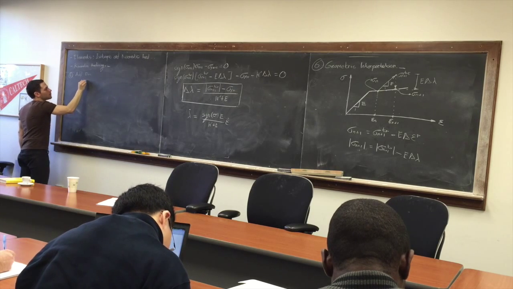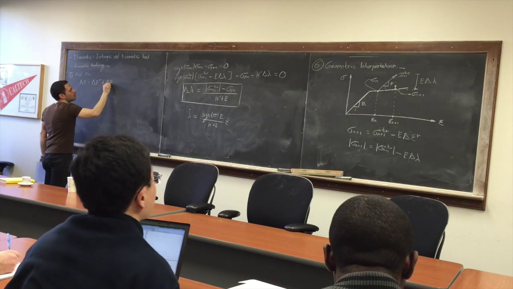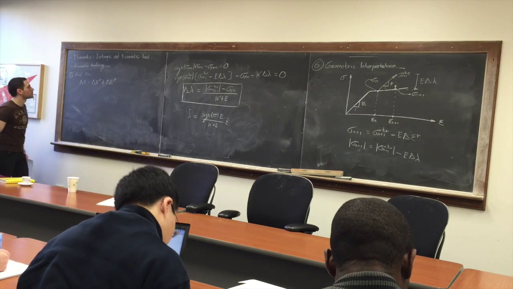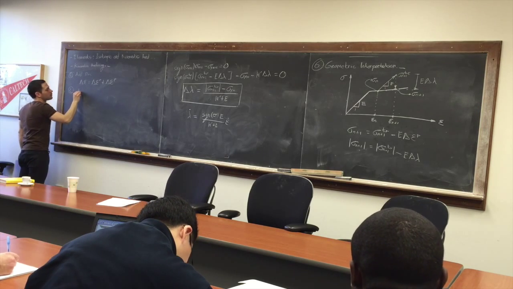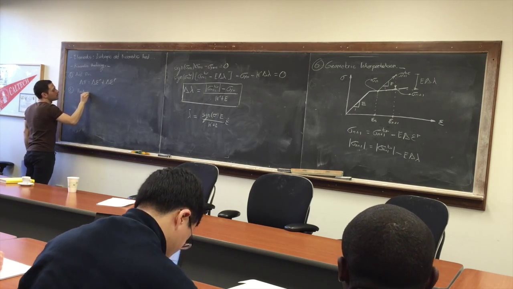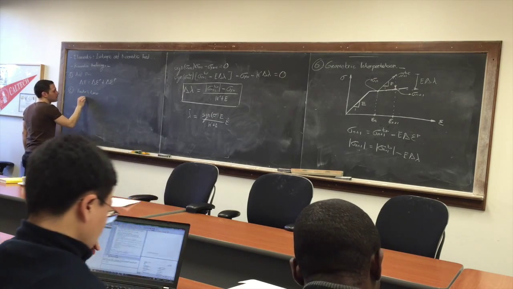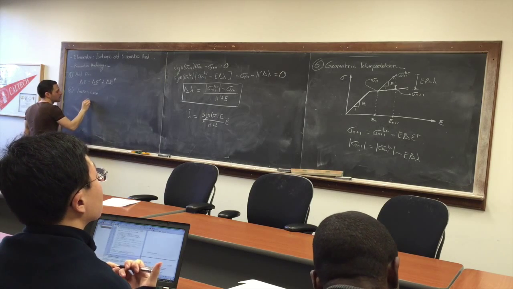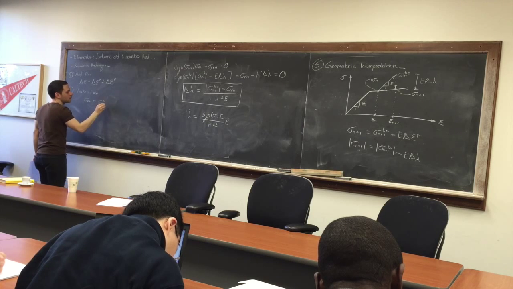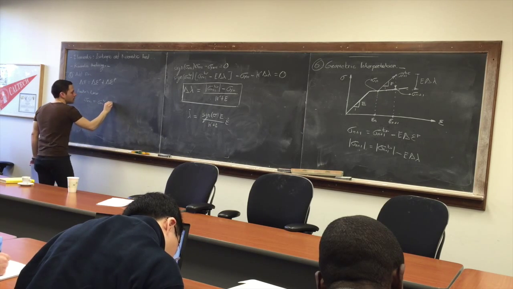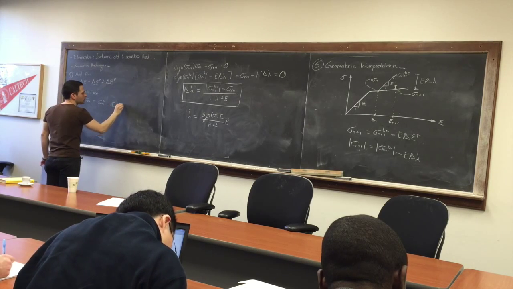So delta epsilon equals delta epsilon e plus delta epsilon p, the discrete. The second ingredient is Hooke's law. We already know the discrete version of that is sigma n plus 1 is equal to sigma n plus 1 trial minus E delta epsilon p.